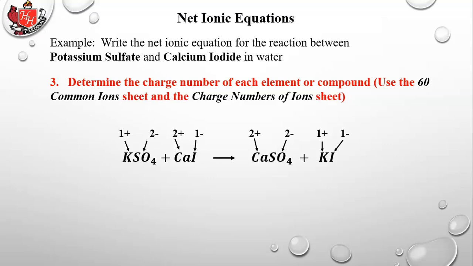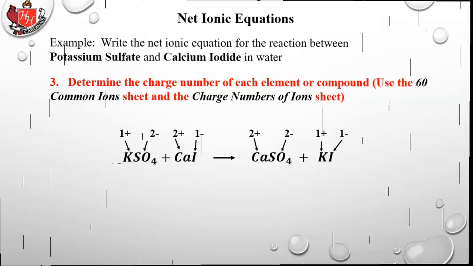You can see that the KSO4 and the CaI are not charge balanced. Whereas on the product side, calcium sulfate, CaSO4, and potassium iodide, KI, are charge balanced. They have the same number of positives as negatives. So what we need to do is use the crossing arrows method to put subscripts on the KSO4 and the CaI. This is something that we did some time ago.